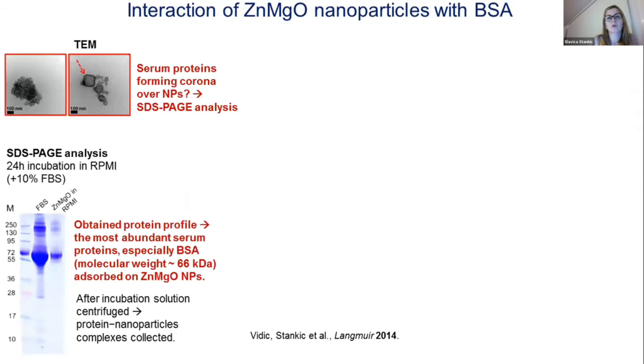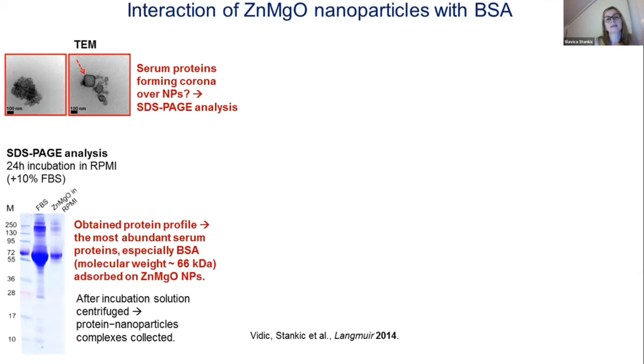What was most interesting is that when we looked more precisely at the TEM images of those nanoparticles dissolved in this RPMI medium, we could see that there is something around the nanoparticles, and we supposed this is a kind of corona forming, the proteins from the medium adsorbing on the surface and forming the corona.